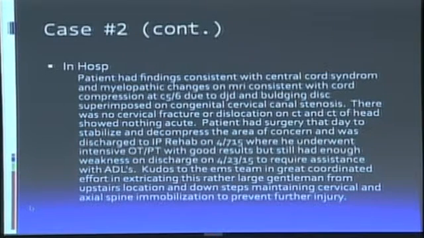He had surgery that day to stabilize and decompress the area, and was discharged to inpatient rehab, where he had pretty extensive and intensive OT and PT with good results, but still had some residual weakness at the time.